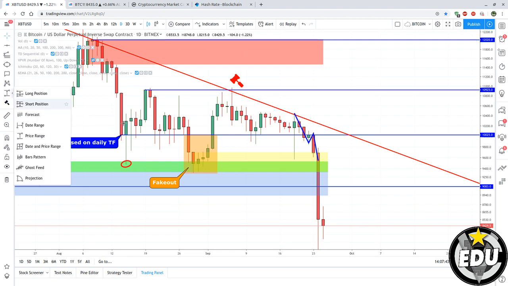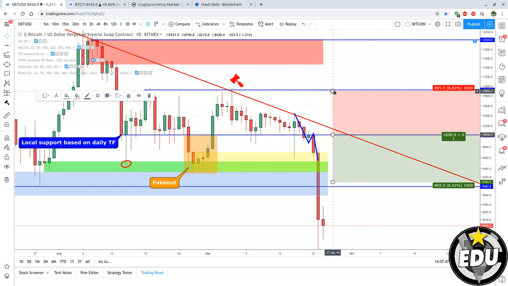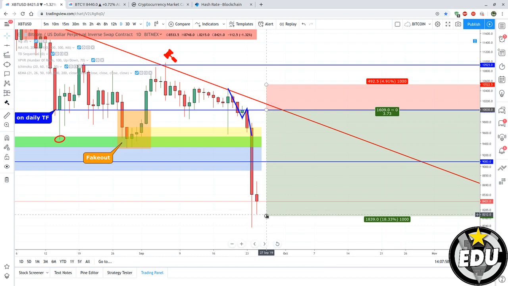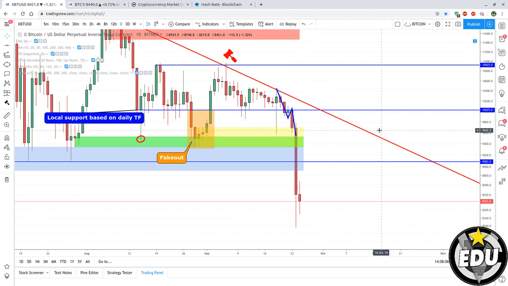For example, if I wanted to buy this retest, I could have just shorted that with a stop loss above those highs and also above the diagonal resistance. This would have been a 3-hour trade, nothing crazy, 4-hour trade. It is just an example of how you could have done it.